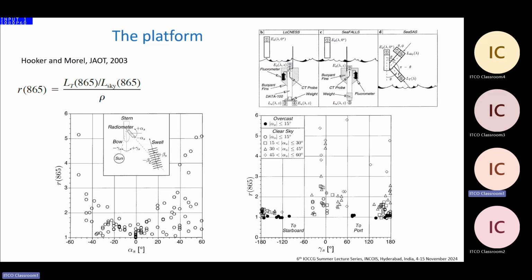For instance, the bottom left plot is about the angle between the sensor and the swell direction, and you can see the impact. The other one here is the angle when looking a bit closer to the ship.